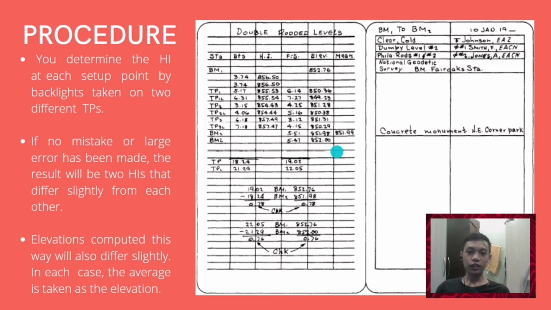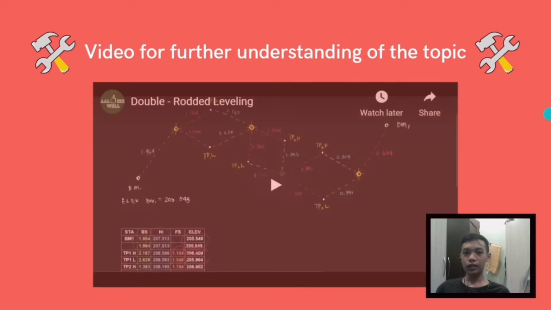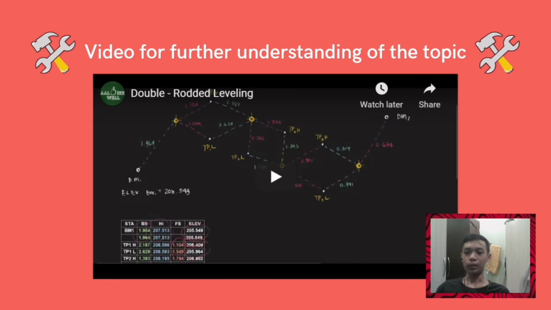Then for the lower height of instrument, benchmark 2 came to 852 feet. And since the mean is used for their elevation, it resulted to 851.99 feet. So next is the video for further understanding of the topic.